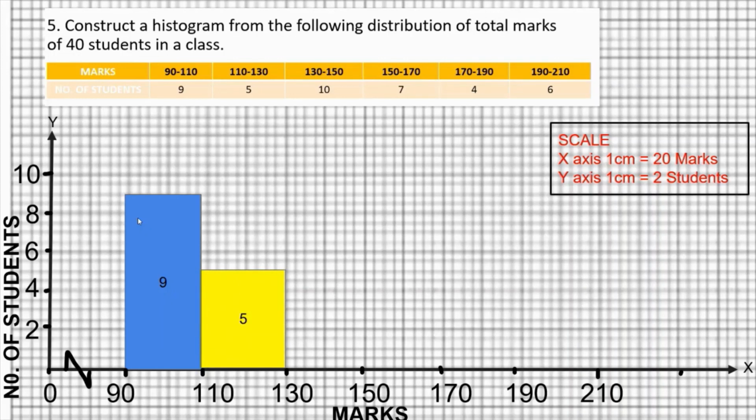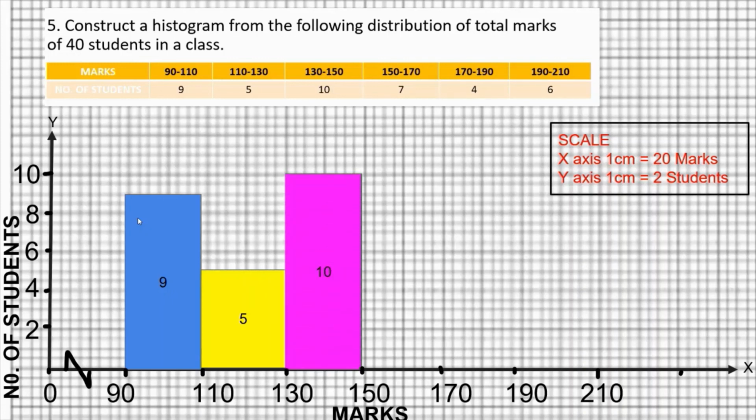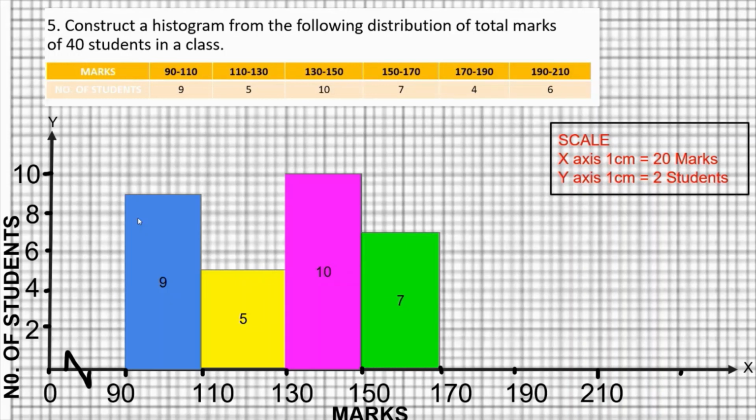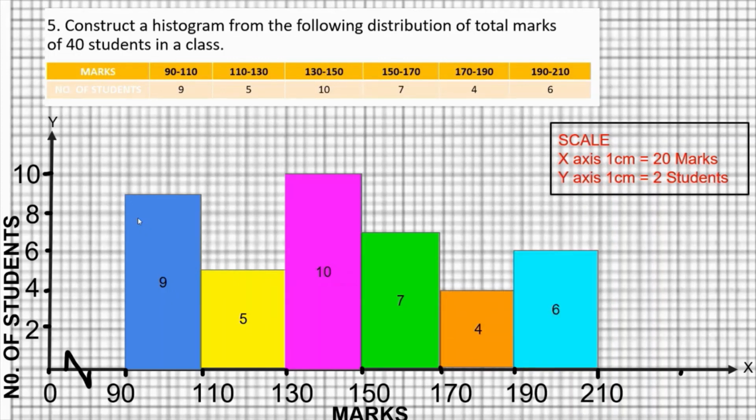For 130 to 150 it's 10. It's given directly, so we should plot the graph directly to 10. Now 150 to 170 it's 7, so it will be between 6 and 8. For 170 to 190 it's 4. Now 190 to 210 it's 6.